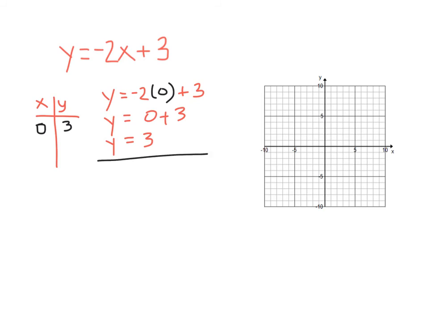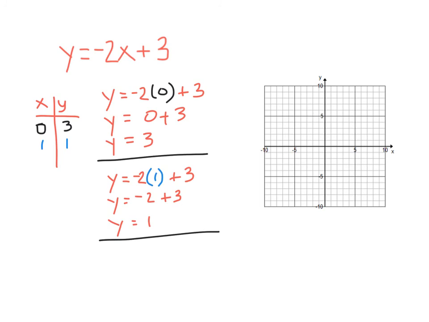Now I'm going to go ahead and do another one. This time I'm going to put 1 in for x. So I've got y equals -2 times 1, putting 1 in for x, plus 3. So y equals -2 times 1 is -2 plus 3, which is 1. So we know that when x is 1, y is 1. Okay, and then we can go ahead and do yet another.